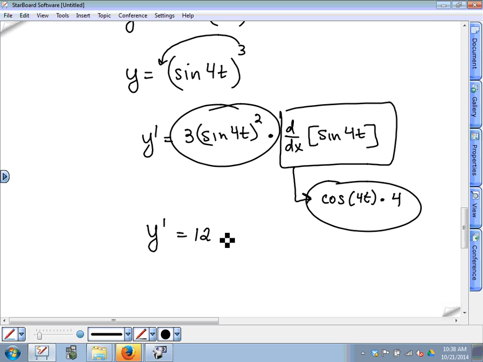So y prime equals 12 times the cosine of 4t times the sine squared of 4t. Tough stuff. Double chain rule. Okay, that's it.